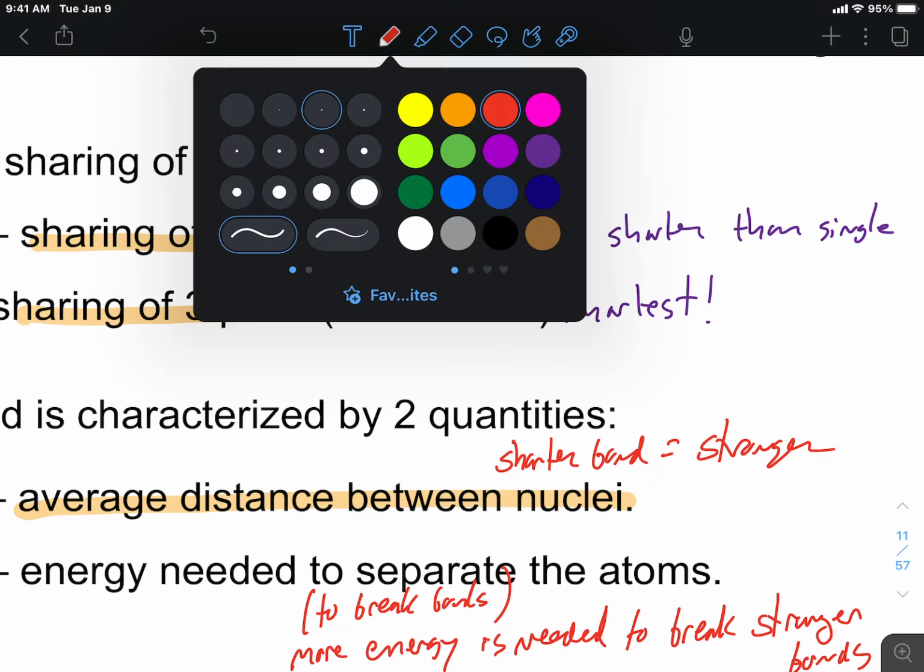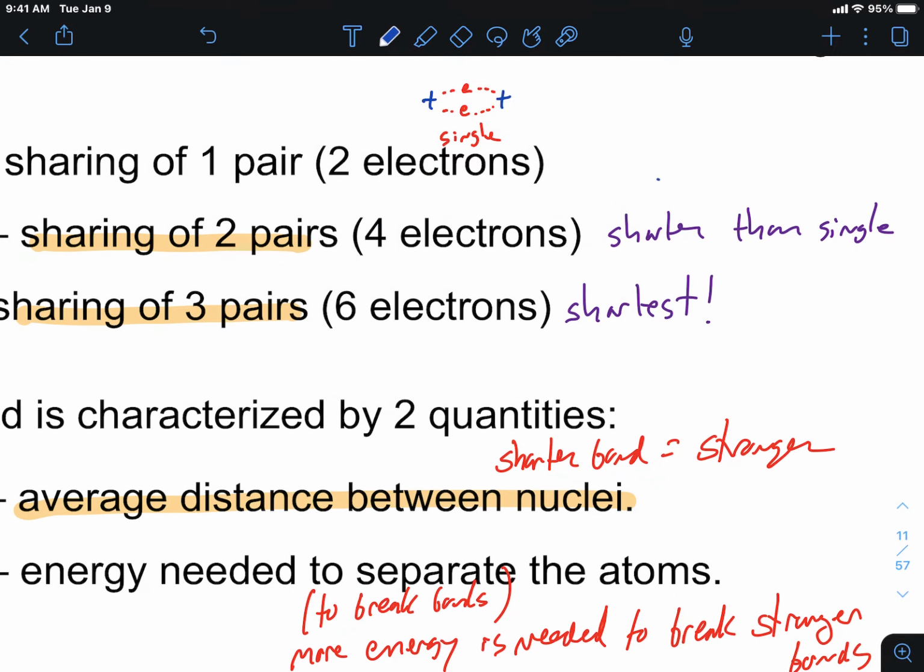In a double bond, you've got 4 electrons attracting the nuclei. So, double bond, greater attraction equals shorter length.